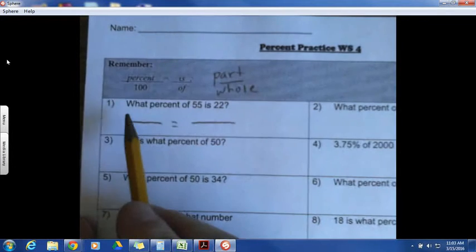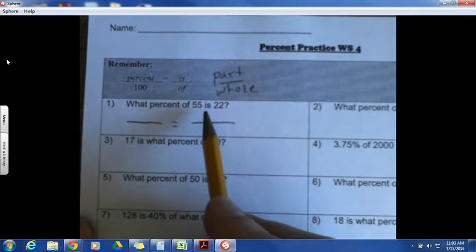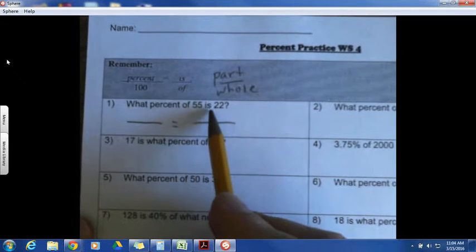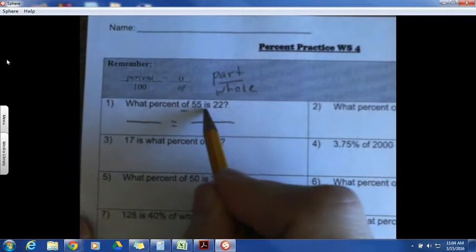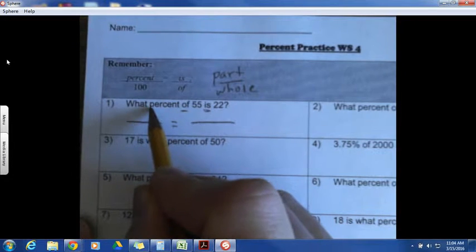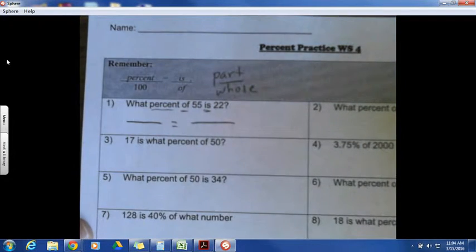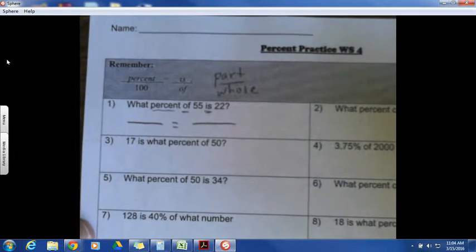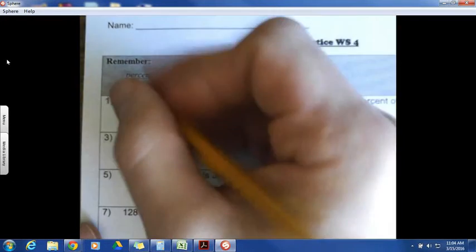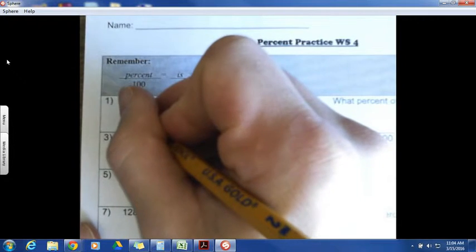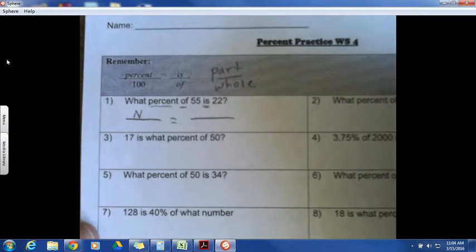So number 1, the question is, what percent of 55 is 22? So we're looking at these key words, of, is, and percent. So since the question is what percent, and my percent always goes on top of my first ratio, because we don't know the percent, I'm going to use an N there.